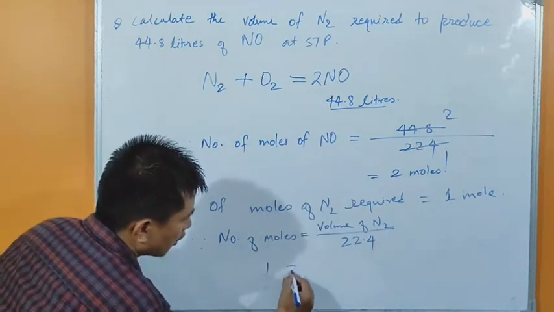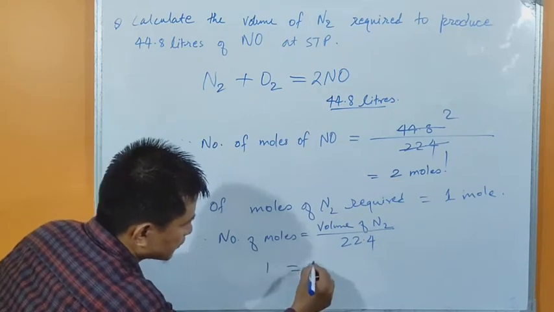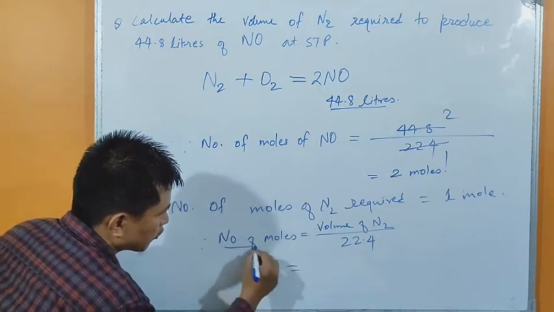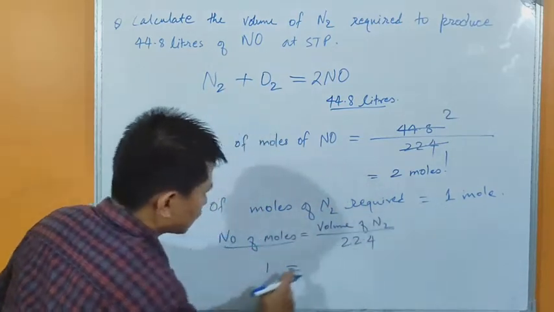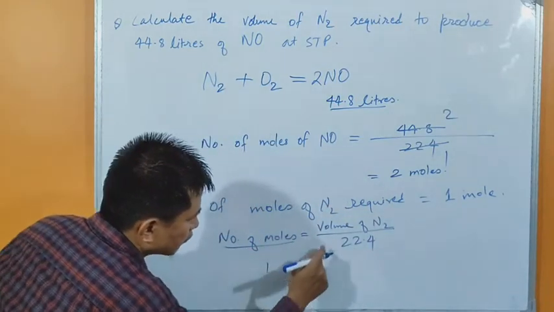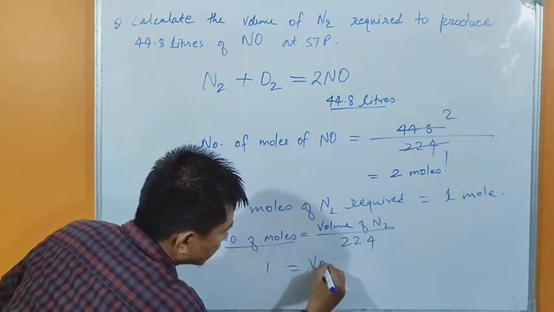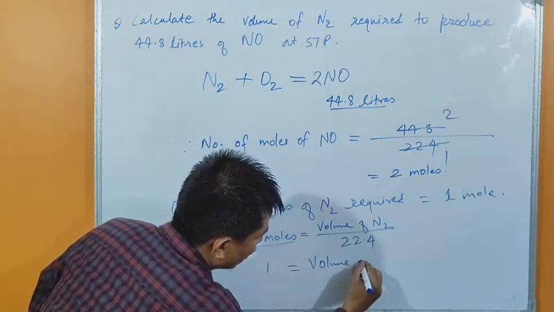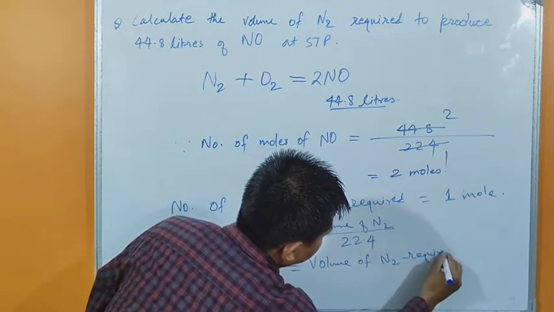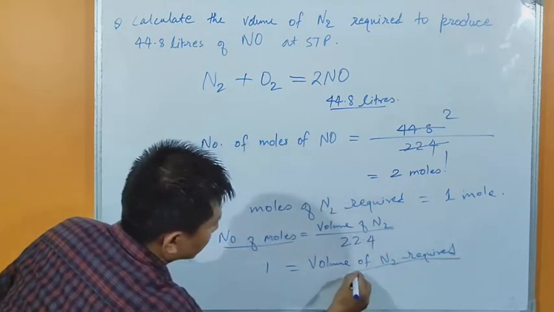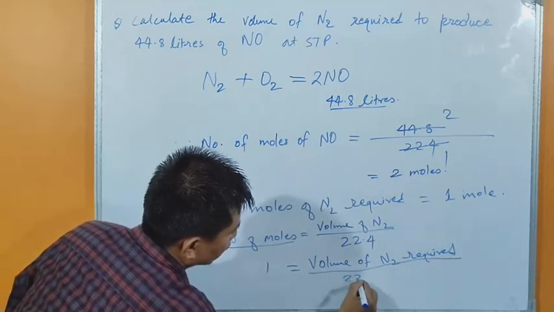We have already found the number of moles of nitrogen required is 1 mole. So 1 equals volume of N2 required divided by 22.4, isn't it?